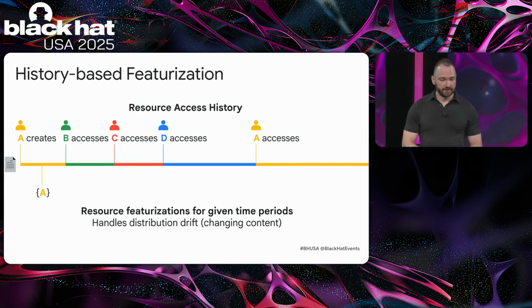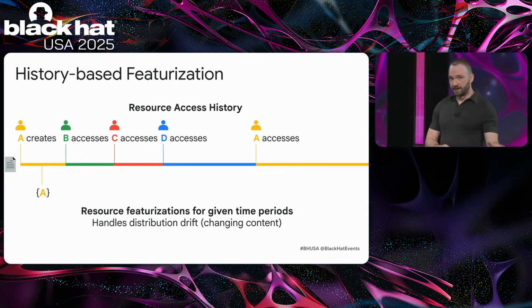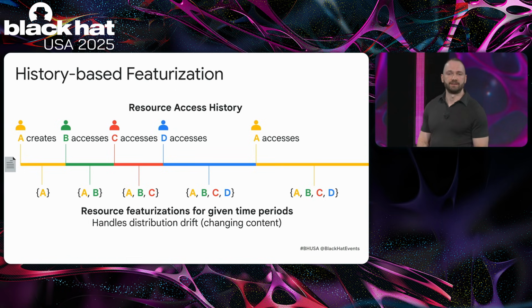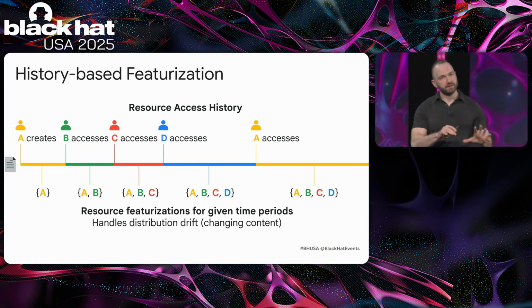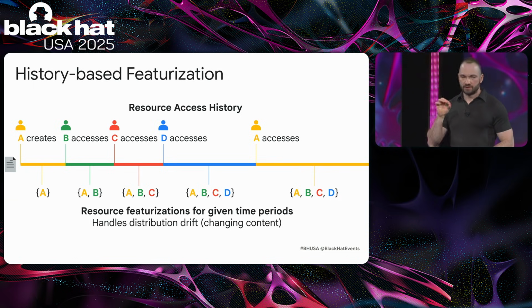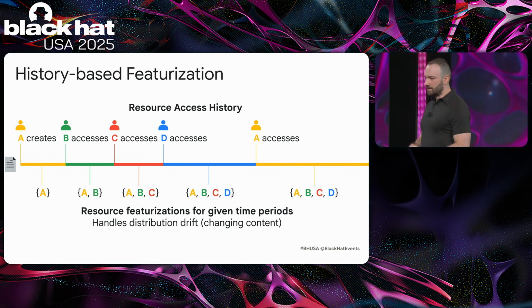For the first time period, when the document is created by user A, it's simply represented by A's user ID. For the second time period, it's the set of two elements, A and B, then ABC, then ABCD, and then again ABCD. It's just a set. This is a bit of a simplified picture of what we're doing, because in practice we use weights and other features on those accesses, but this is really the core idea for representing resources.